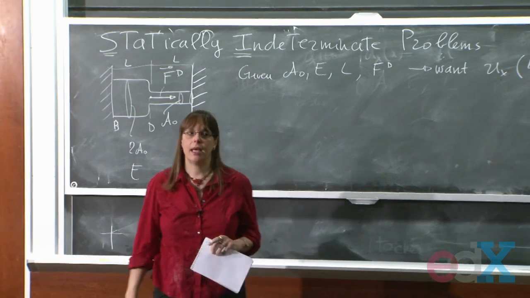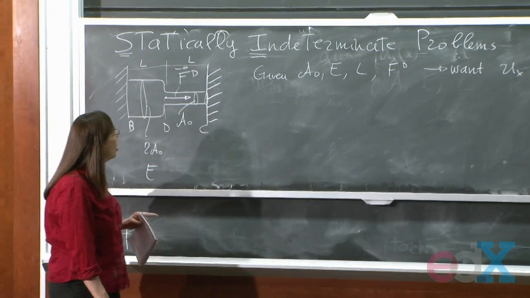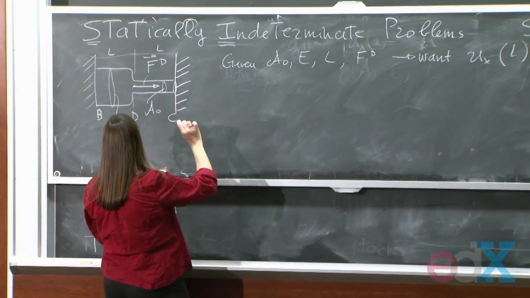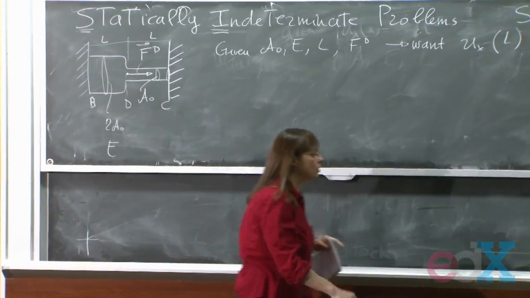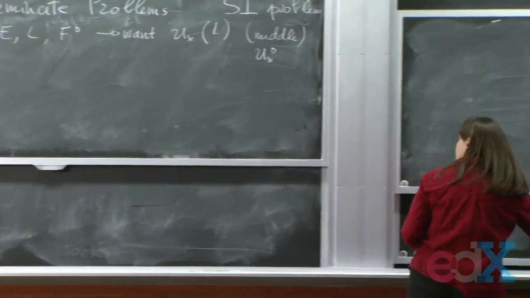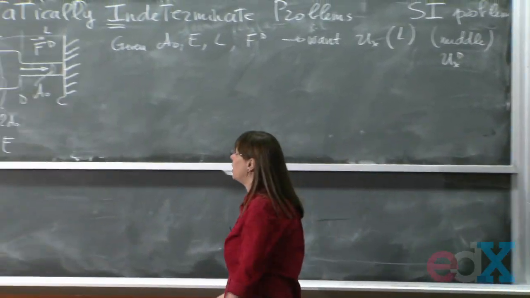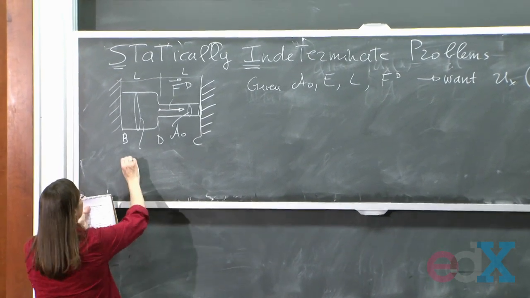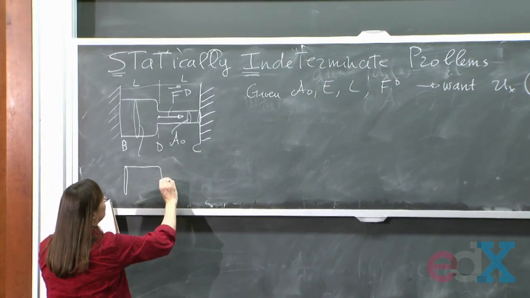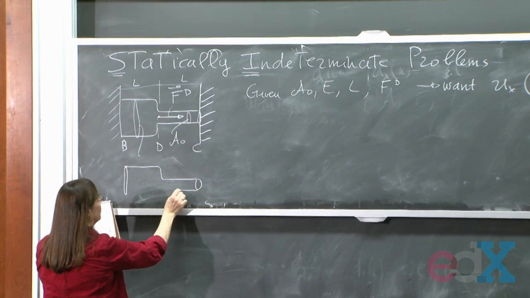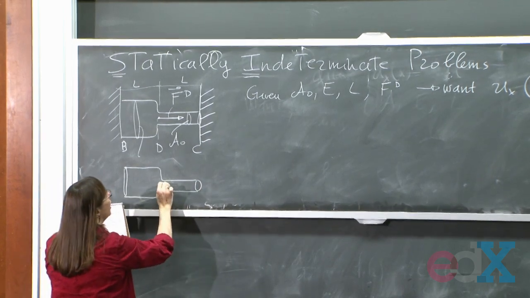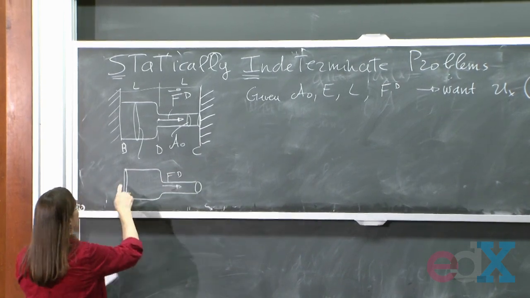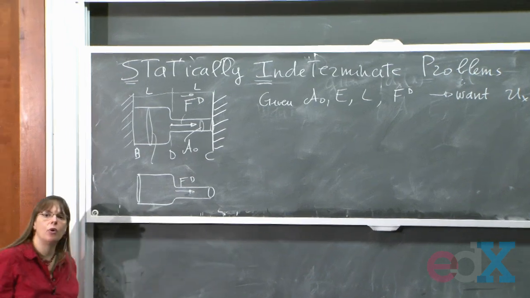Well, I can tell you we're going to hit a roadblock right away, because as I start doing my free body diagram of this bar, I have my FD right here. On this end, I had a wall.